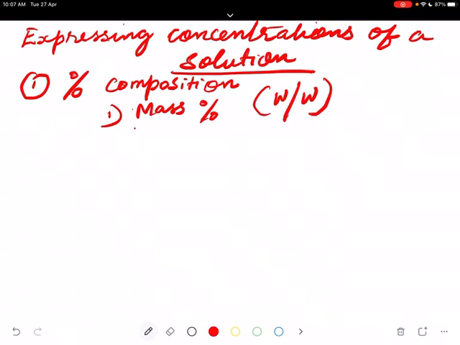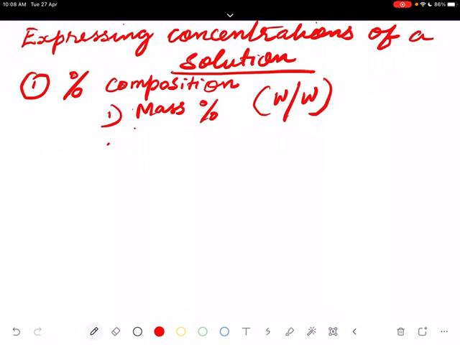So this first W stands for mass of the solute. This W stands for mass of the solution, not the mass of the solvent. So W slash W means you are talking in terms of mass. In chemistry, mass and weight are taken in the same meaning.